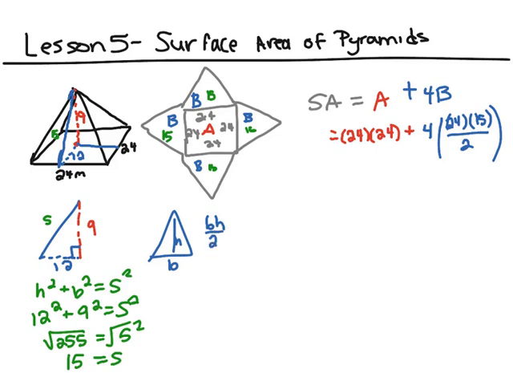So 24 times 24 is 576. And if you multiply 24 times 15 divided by 2, that is 180. Multiplied by 4 is 720. So type that into your calculator. That's what you should get. And if you add it all together, the surface area will be equal to 1,296 centimeters squared.